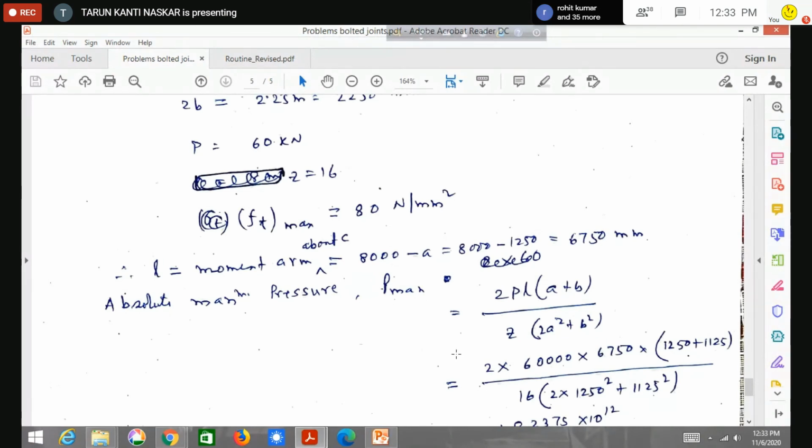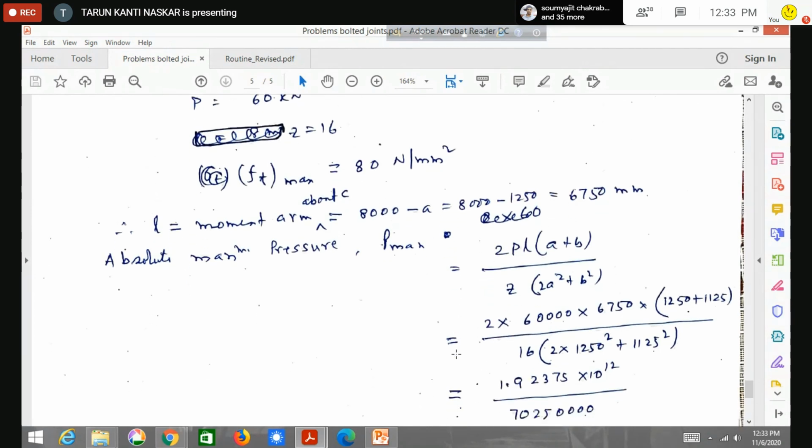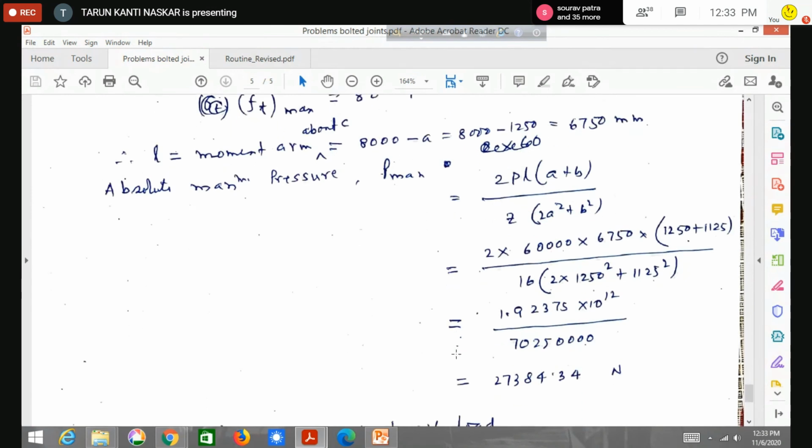Then the absolute maximum pressure. There was an equation for Pmax, and putting that equation, you will get 2PL divided by Z into (A plus B), 2PL multiplied by A by B divided by Z into 2A square plus B square.